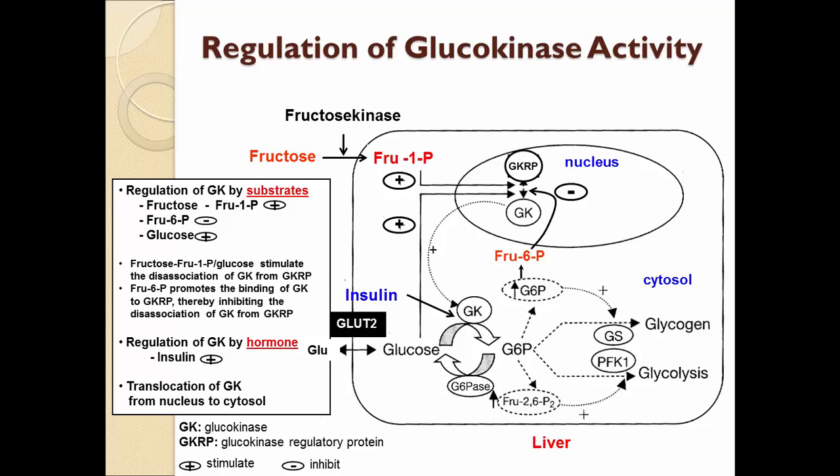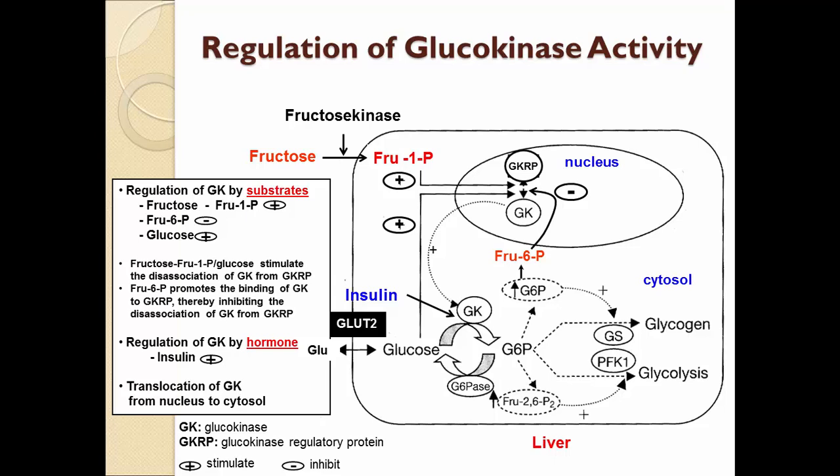This is the mechanism by which glucokinase can be activated by fructose 1-phosphate. So what you should try to remember is the three substrates. Glucose can also promote the release of glucokinase, right?